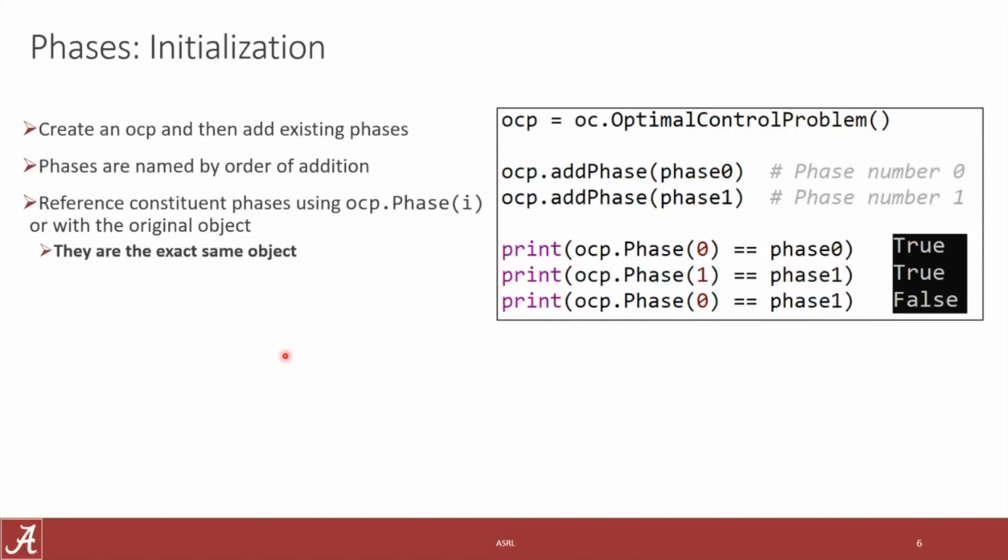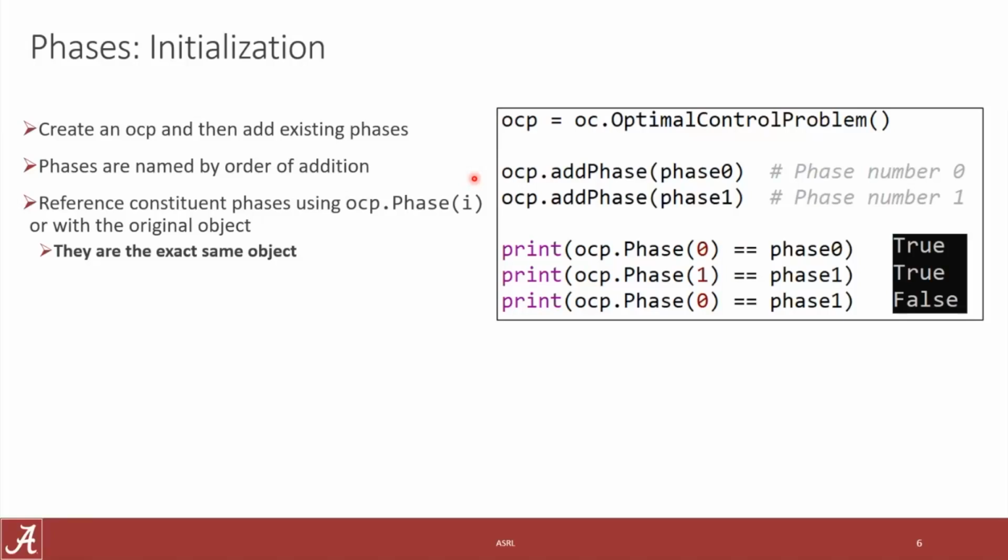So creating an optimal control problem is quite simple. You just instantiate an optimal control problem object from the optimal control library. And then now you have an empty optimal control container, essentially, and you can append and add phases to that optimal control problem. So again, I know I've reiterated it, and hopefully this will make more sense with exposure to examples.